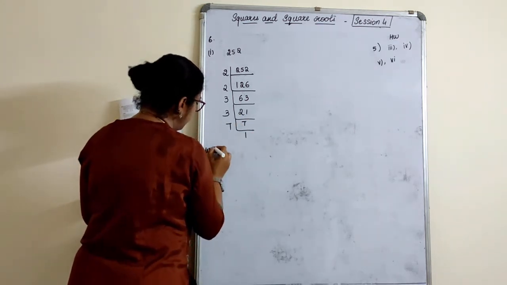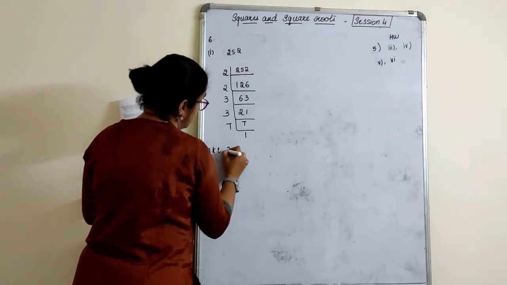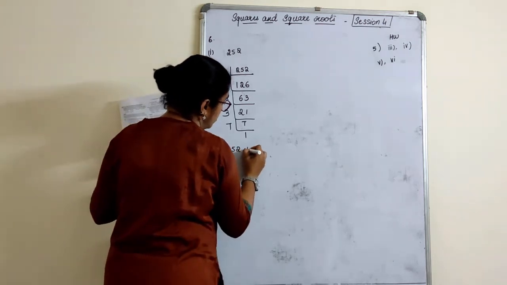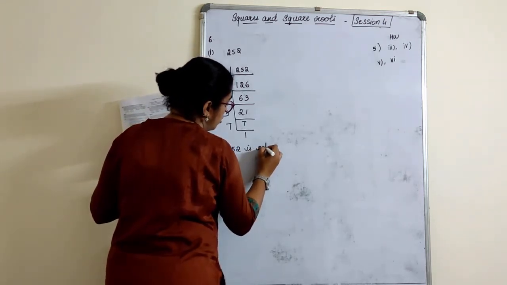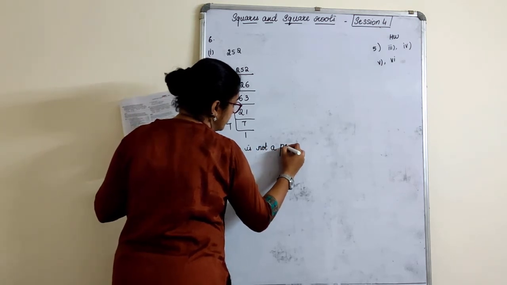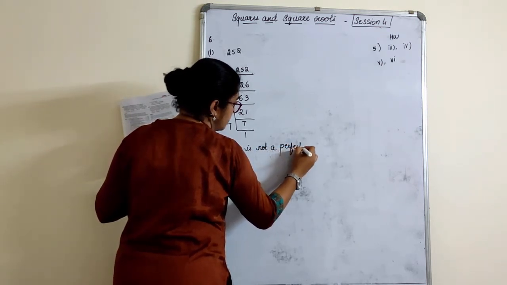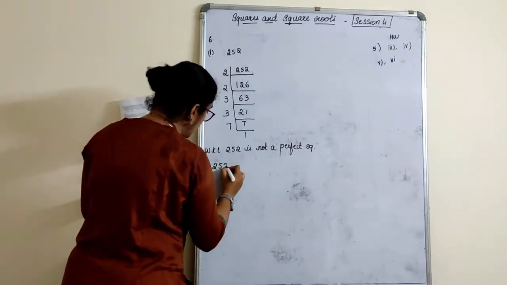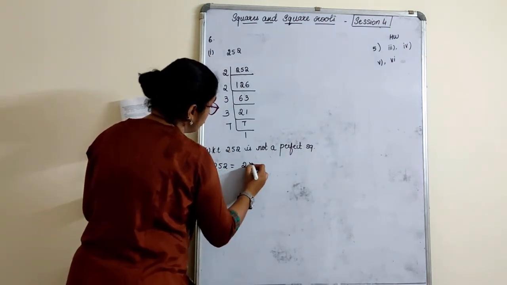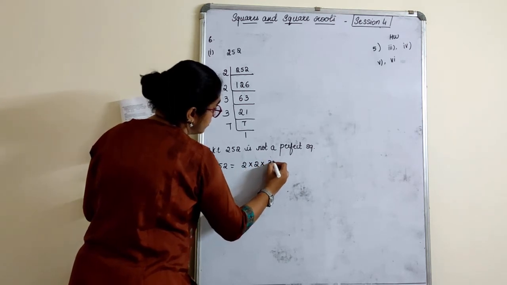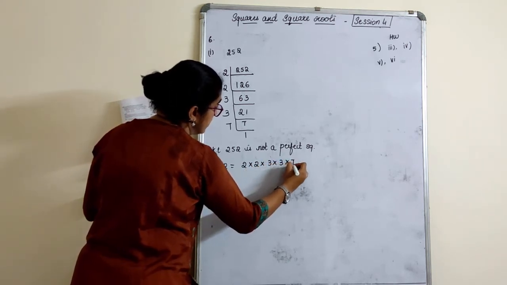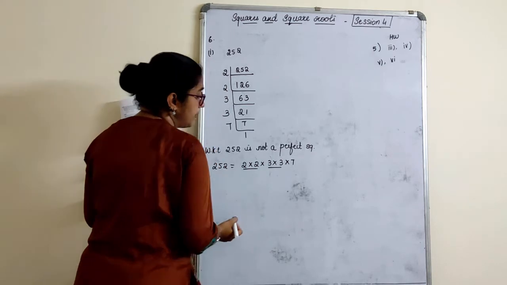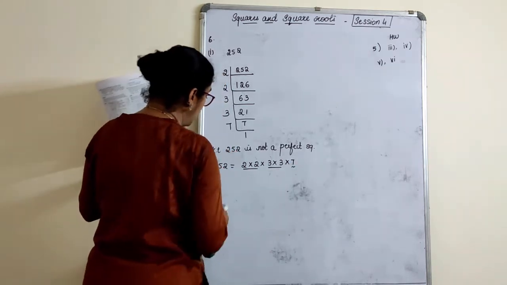We know that 252 is not a perfect square. So factors of 252, whatever you have got, you write here now: 2 into 2 into 3 into 3 into 7, where 2 and 3 made a pair, 7 is left alone.